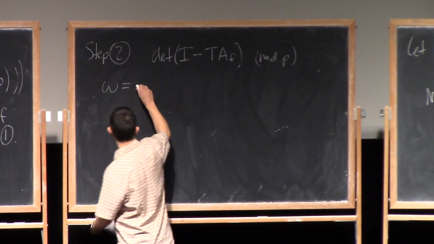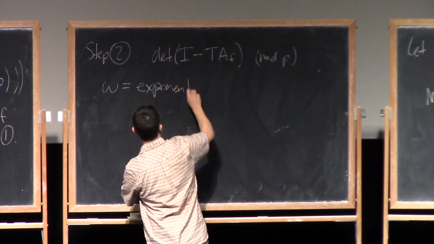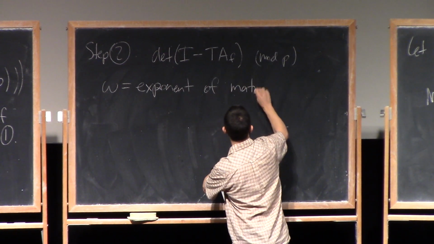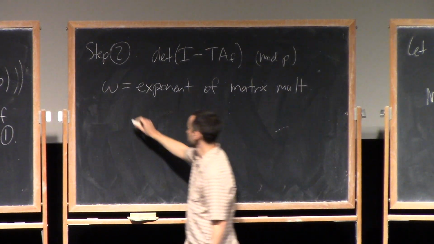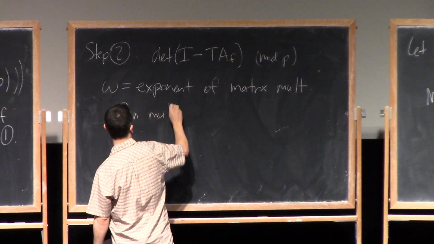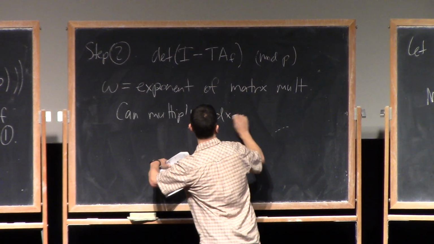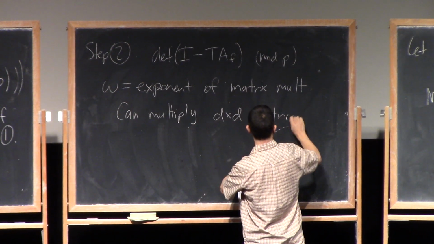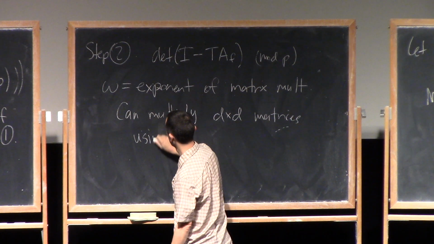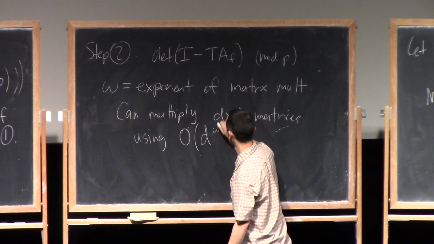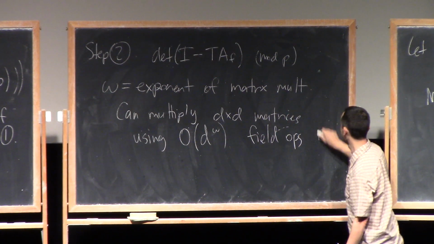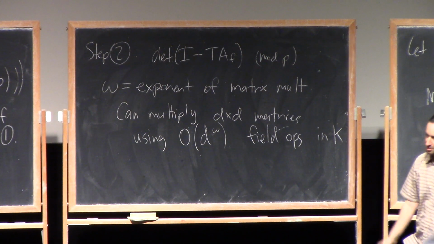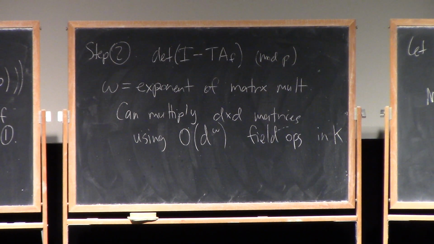So let's write omega for the exponent of matrix multiplication. What this means is we can multiply d by d matrices using O of d to the omega field operations in K. So if we have a matrix defined over K, we can use d to the omega field operations.